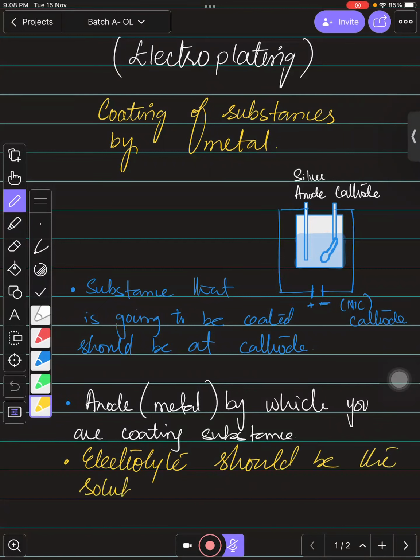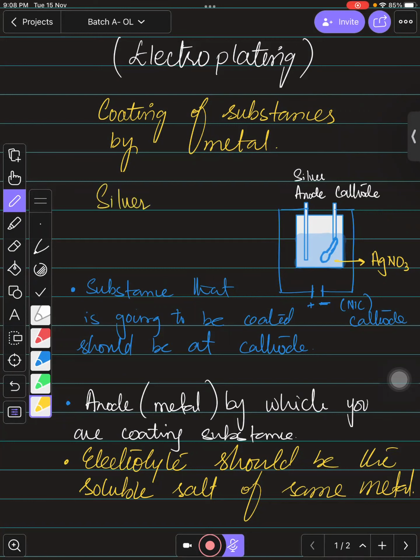Soluble salt होगा तो electricity conduct करेगा, right? Whatever metal you are going to put on the spoon, उसी metal का salt भी आप लेंगे. So right now this solution should be the soluble salt of silver, and the soluble salt of silver is silver nitrate. So I am taking silver nitrate over here. Is that clear, बच्चों, every one of you? अभी हम कर रहे हैं silver coating.